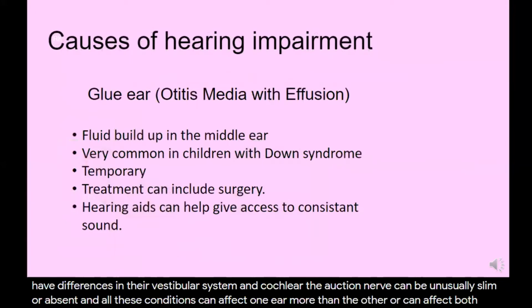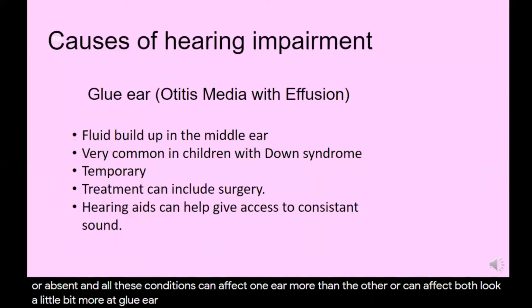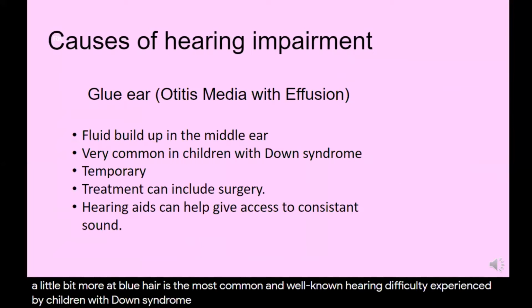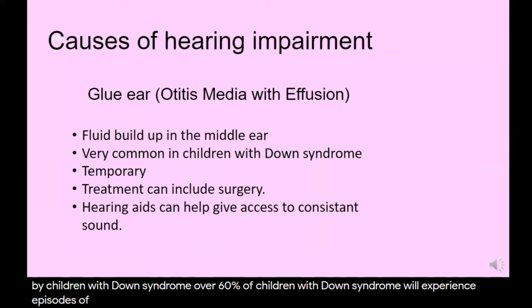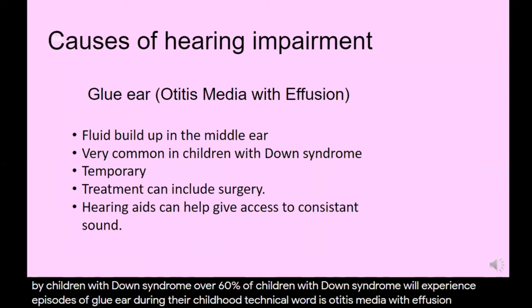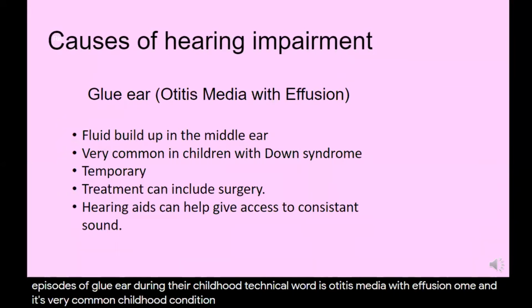So let's look a little bit more at glue ear. Glue ear is the most common and well-known hearing difficulty experienced by children with Down syndrome. Over 60% of children with Down syndrome will experience episodes of glue ear during their childhood. The technical word is otitis media with effusion, or OME, and it's a very common childhood condition.